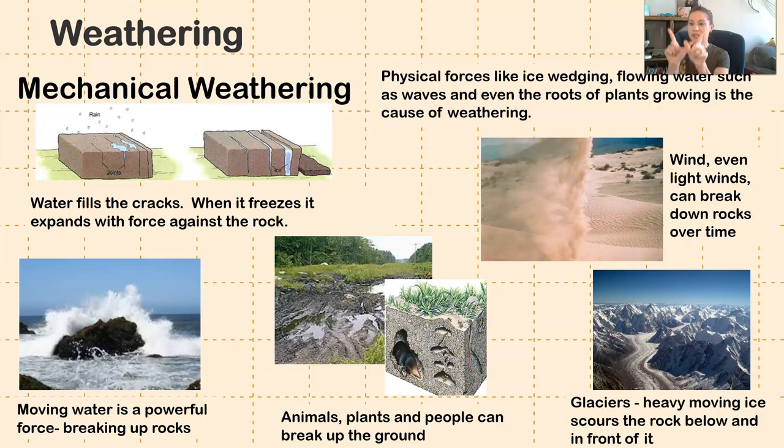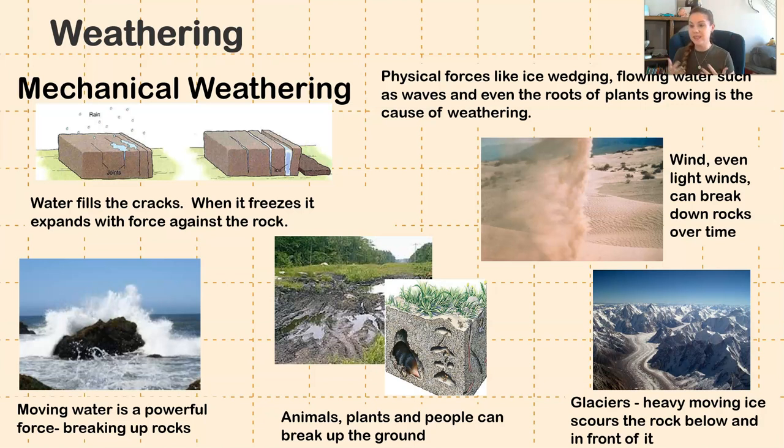It is when the rock is broken down or weathered away from ice or maybe flowing water that is just chipping away at that rock, even roots or plants that are growing into the earth that would break that rock away. This would be physical or mechanical weathering.